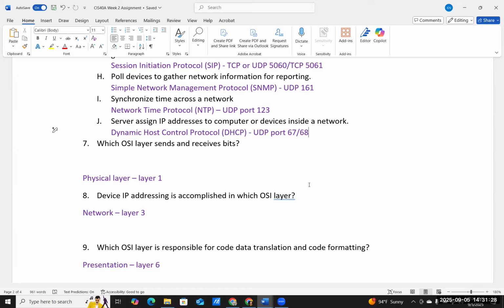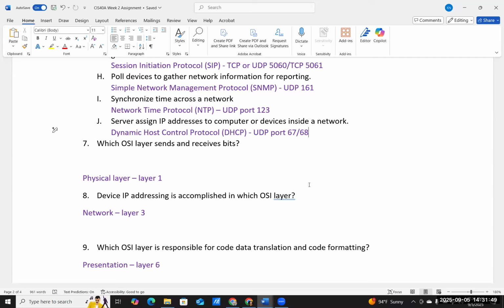And IP is a connectionless protocol. It relies on TCP to connect. So TCP has to establish a connection before it gives you the actual data that it reassembled.